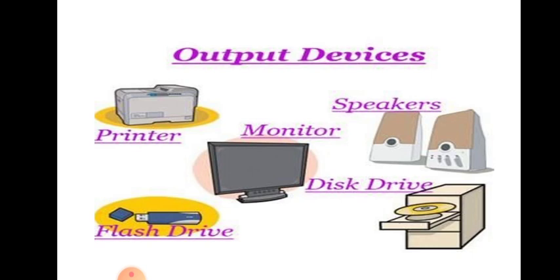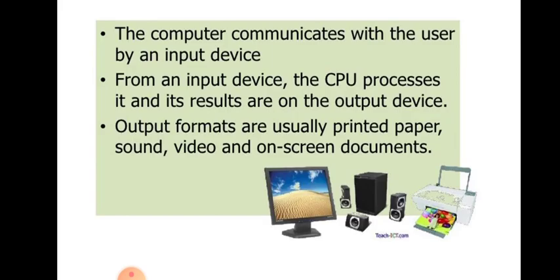Now the question is, how does a computer work? The computer communicates with the user by an input device. The CPU processes it, and its results are shown on the output device. Output formats are usually printed paper, sound, video, and on-screen documents.